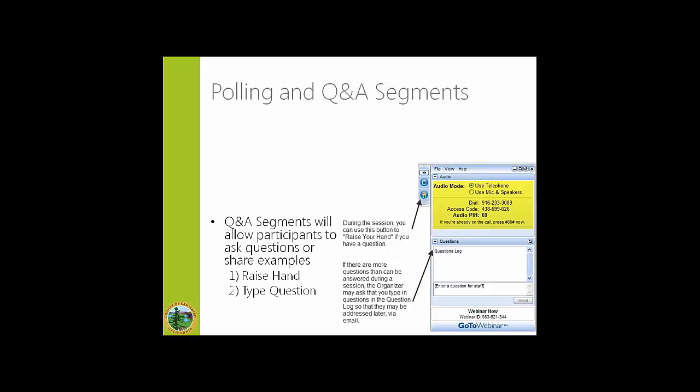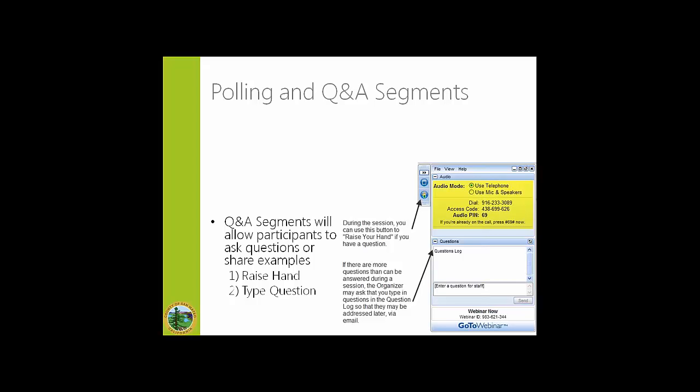So this slide right here identifies, the top one shows where you would raise your hand, on the little slide out bar up at the top. If you raise your hand, then we will unlock your microphone so you'll be able to ask a question. Or if you just prefer to type something, you can type it in the question box, and then we'll read it off and respond.